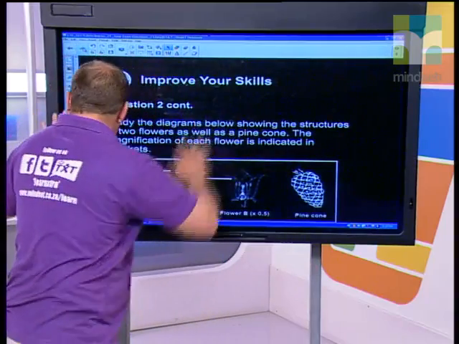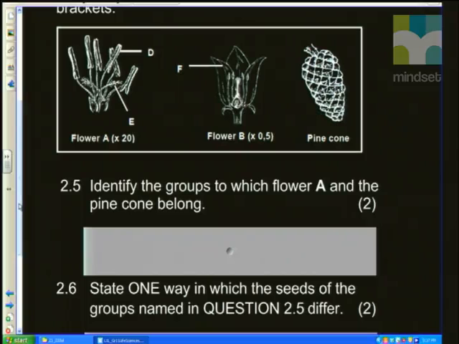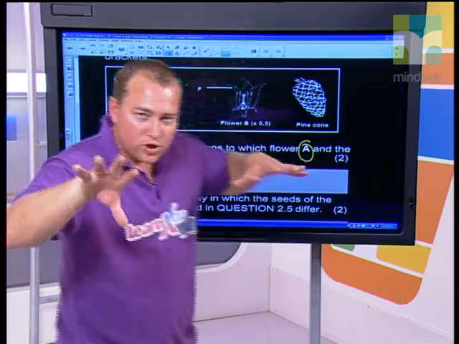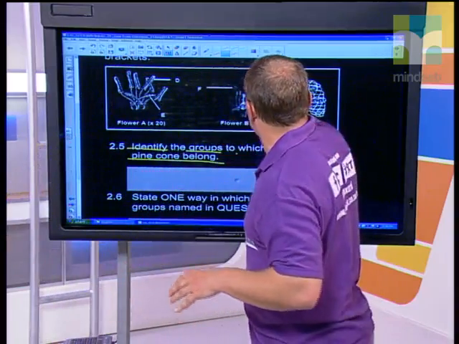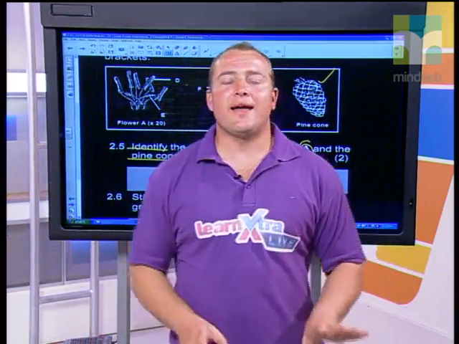Now, same picture, more questions. The next question is, identify the group to which flower A and the pine cone belong. Now, flower A is actually the most complex plant we get.